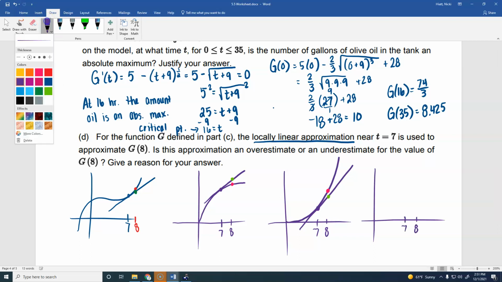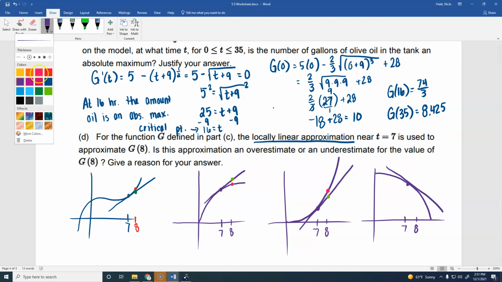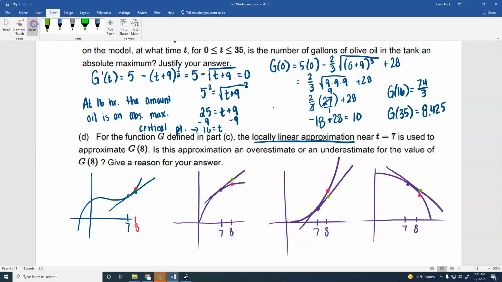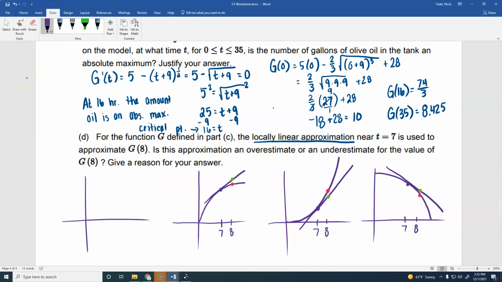We could have decreasing concave down, look like this. Tangent line at 7 would be here. Here's our actual. Here is our estimate. I'm going to erase this over here so I can put the other option. And then we'd have 7, 8 here.